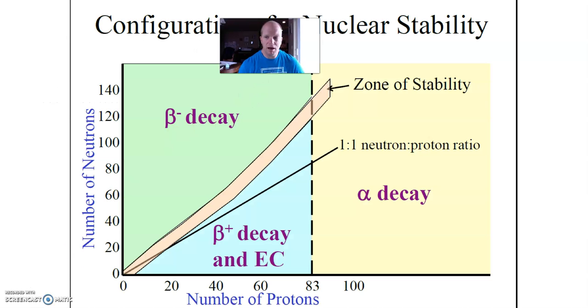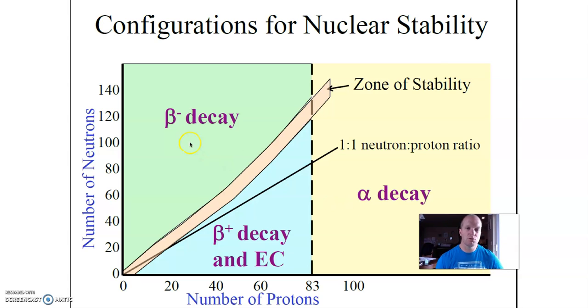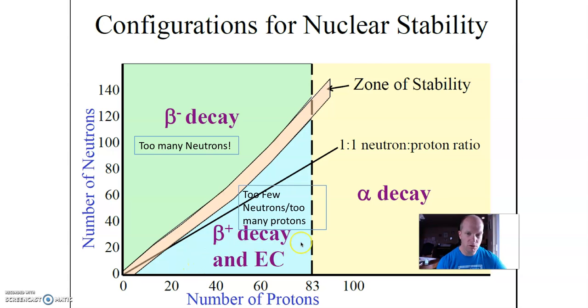Again, back to this graph. This is a really important graph. Now we start to see how this graph gets filled in. If you have too many neutrons, you're going to undergo what's called beta decay, and we'll talk about that in a sec. If you have too few neutrons or too many protons, you undergo what's called beta plus decay, which is positron emission, or you do electron capture.